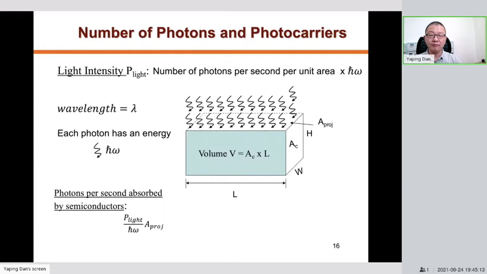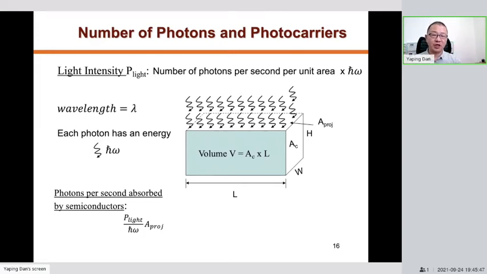Now, the photons per second absorbed by the semiconductor: basically the light intensity divided by each photon energy gives the total number of photons per unit area. Then we multiply by the semiconductor area projected in the direction of the light illumination.